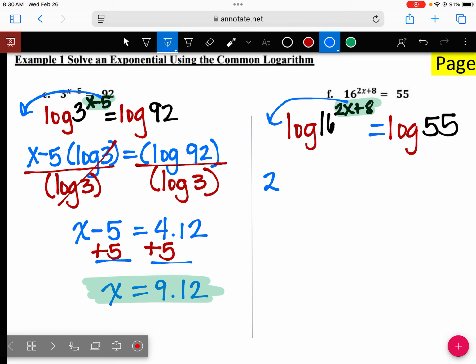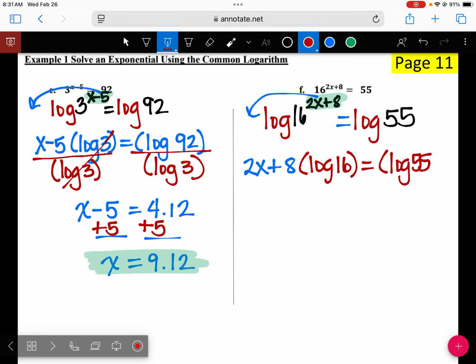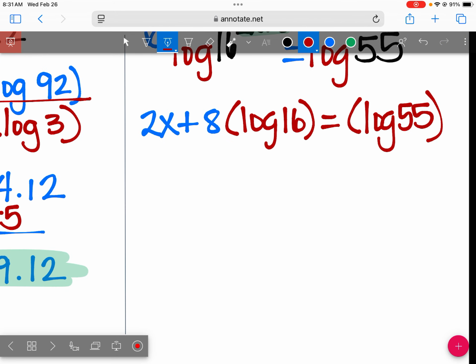So we end up with 2x plus 8. And then we're going to put log of 16 in parentheses equals log of 55. Go ahead and divide both sides by that log of 16.